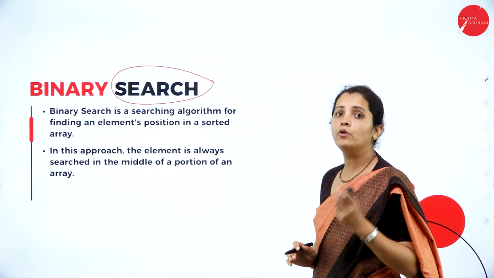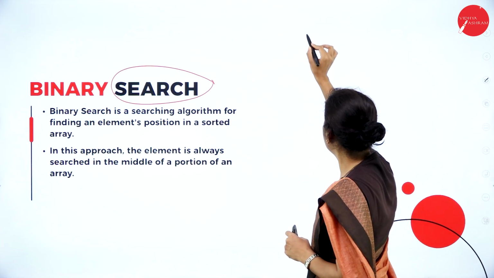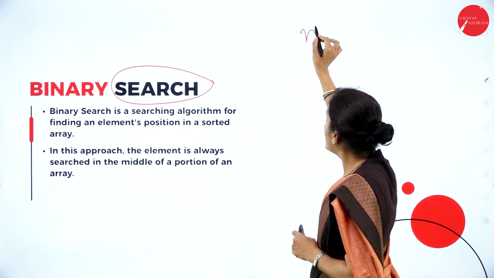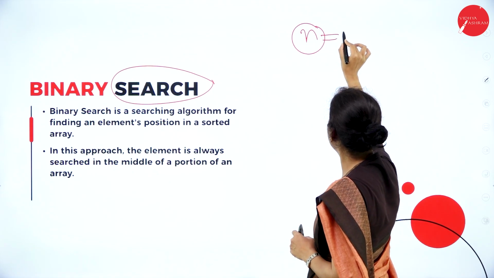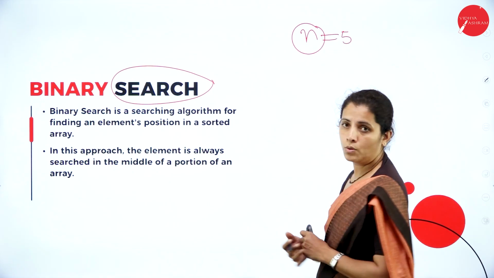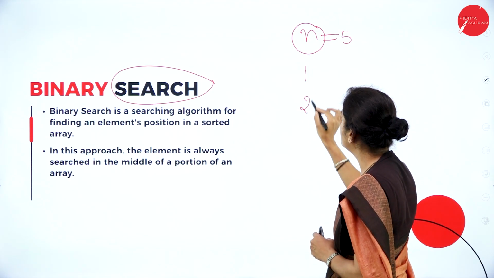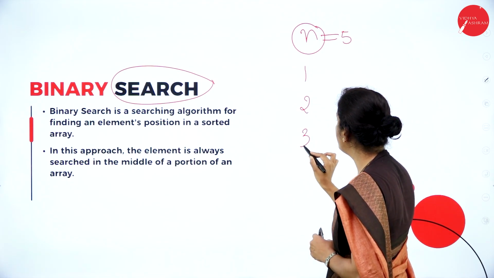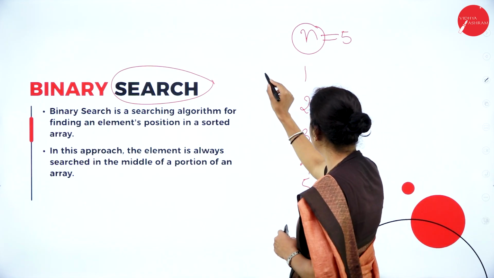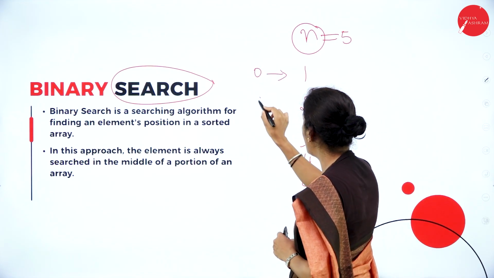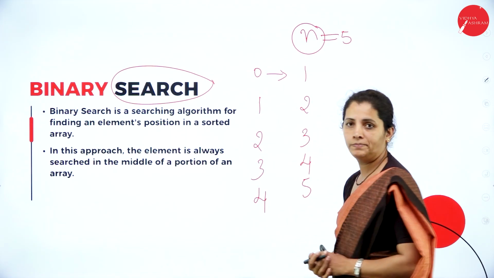For example, my array size n is 5. I'll read 5 elements: 1, 2, 3, 4 and 5. And the index starts from 0, 1, 2, 3 and 4.